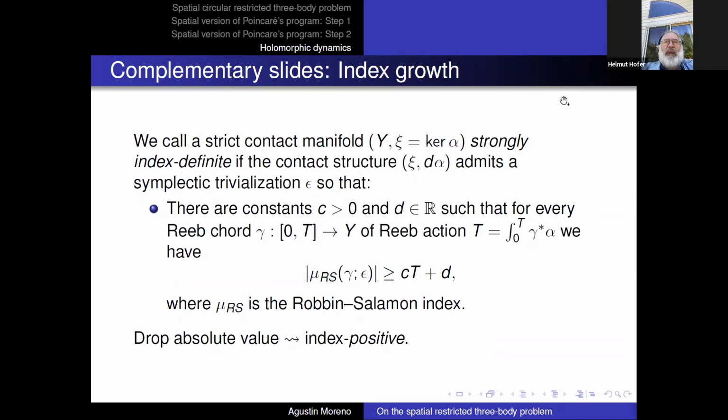If you have, say, a star-shaped domain in R2n, and you have a symplectic self-map which is isotopic to the identity, then you would like to say something about fixed points or periodic points of this.